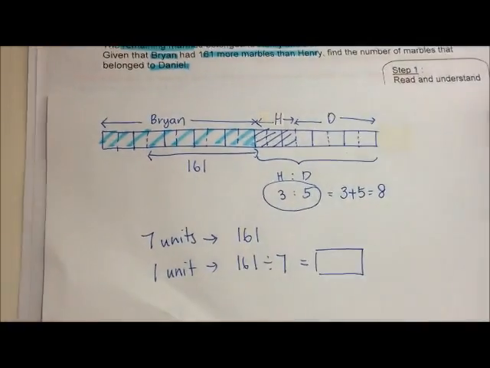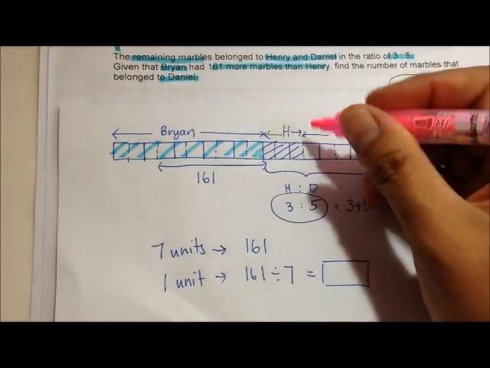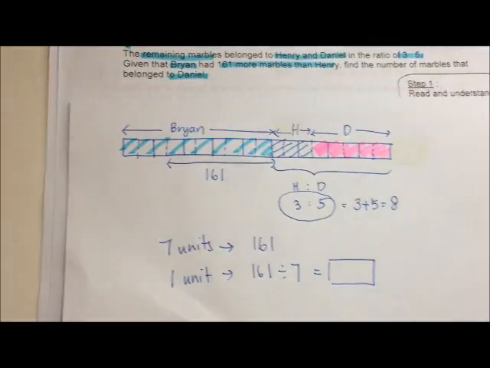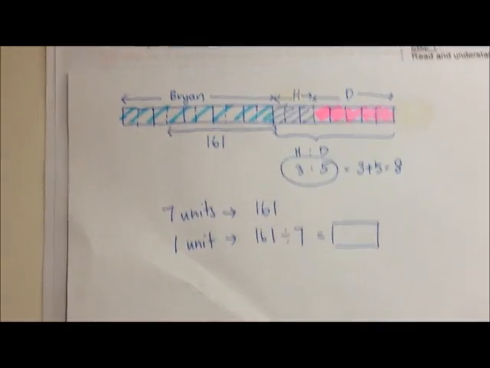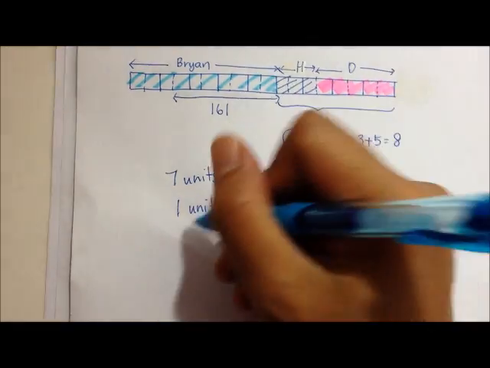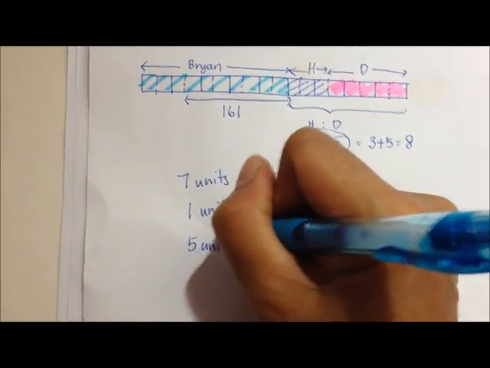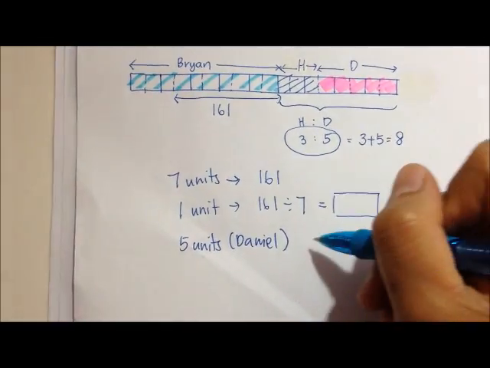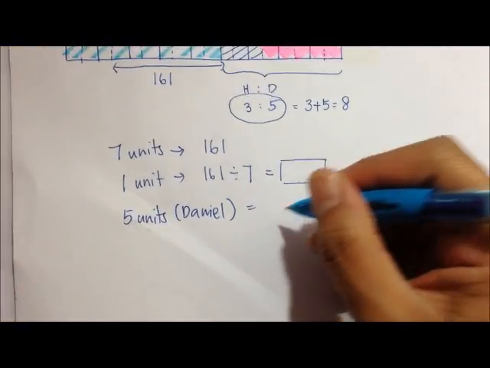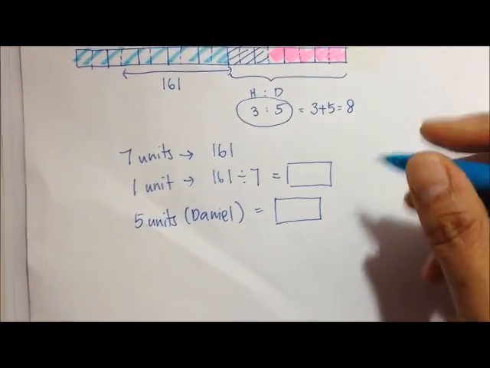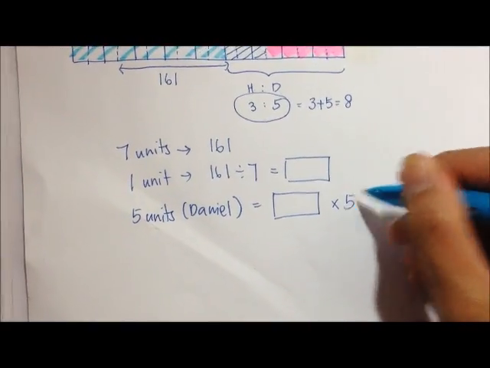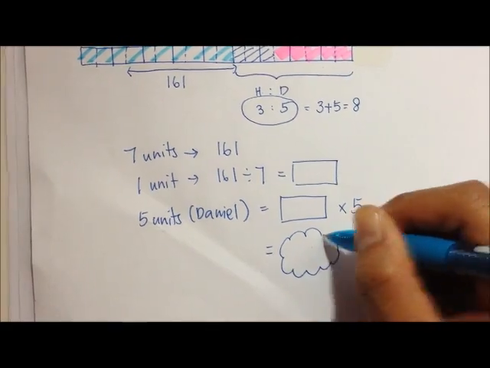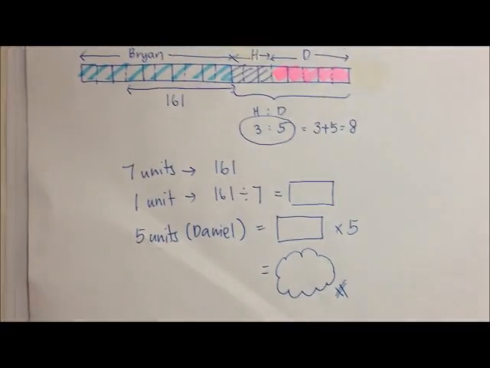So your task is to find out Daniel's marbles, which is 5 units. So after you have found out what 1 unit is, find out what 5 units is, which belongs to Daniel. So from here you get your answer from what you get above here times 5. You will get the final answer. This is your final answer.